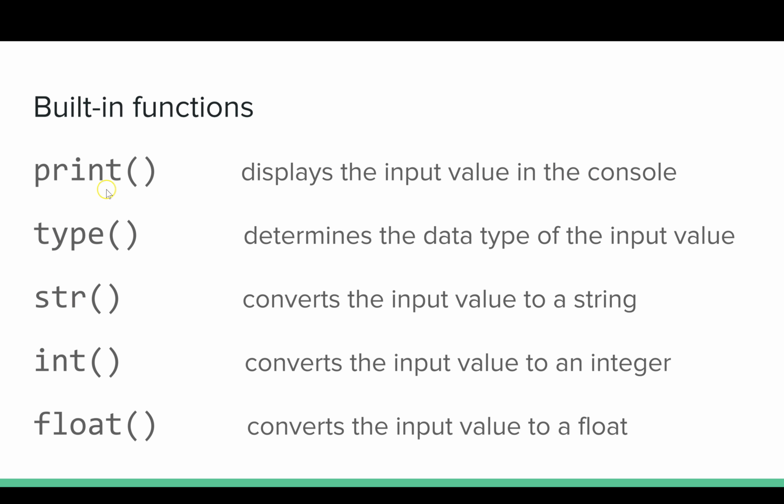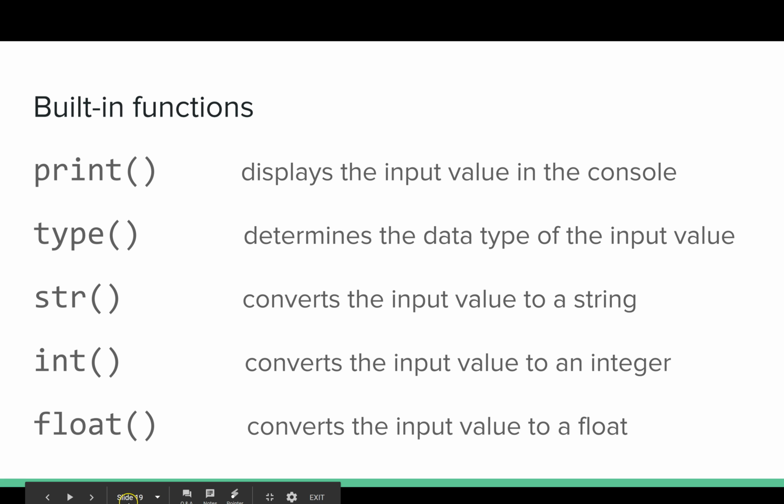Now here are 4 more functions. One is a type. Type gives us the data type of the input value. And str converts the input value to a string. And int converts the input value to an integer. Float converts the input value to a float.